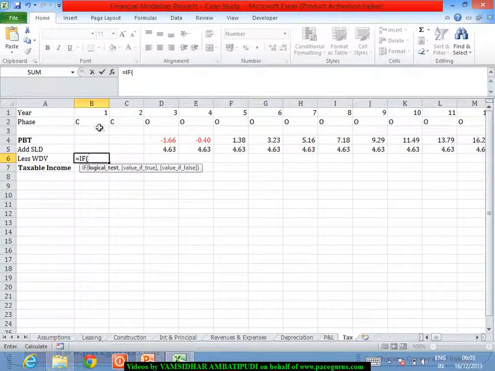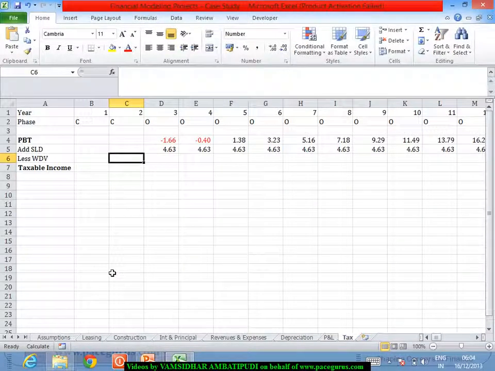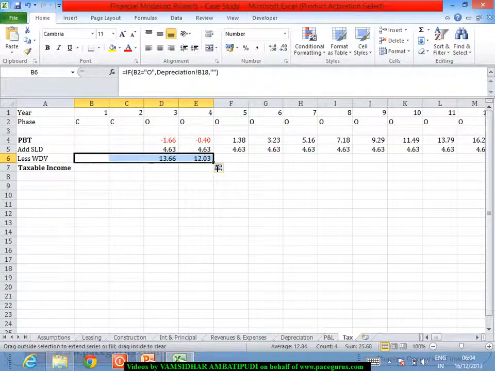So I'll simply consider, if this is the operations part, pull out the written down value method depreciation from the depreciation, otherwise leave it blank. So the written down value method depreciation is coming out to be something like this.